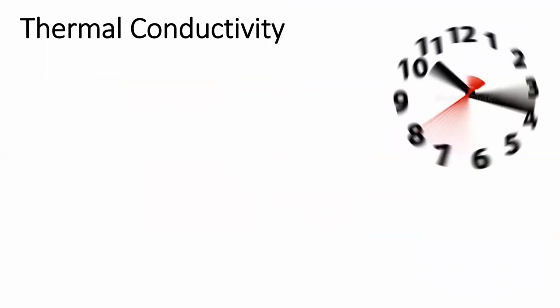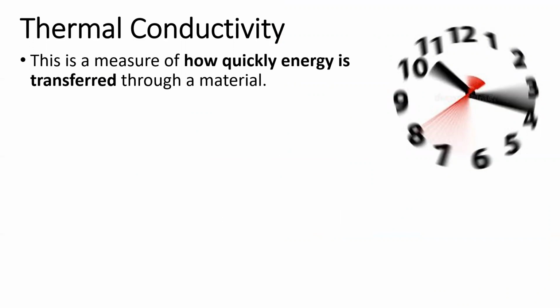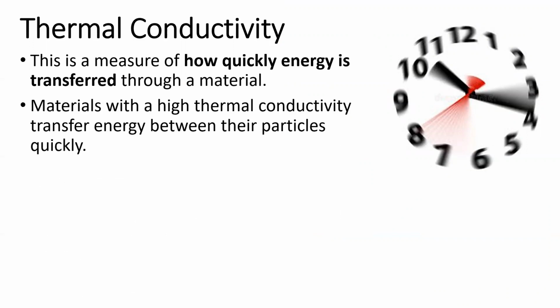So what do we mean by thermal conductivity? Thermal conductivity is a measure of how quickly energy is transferred through a material. Materials that have a high thermal conductivity transfer energy much more quickly between their particles.